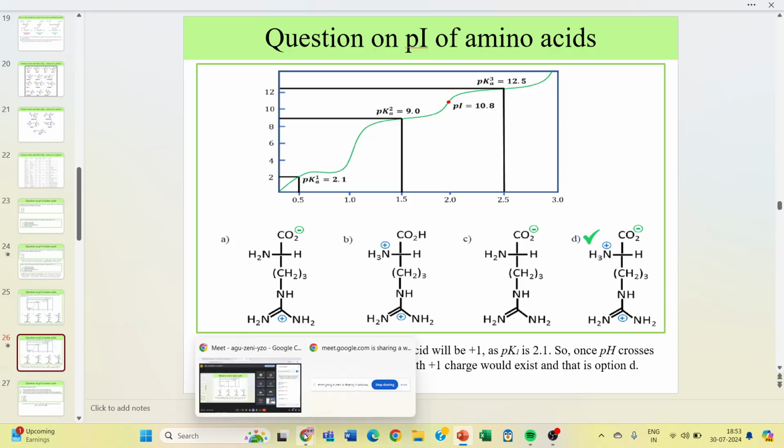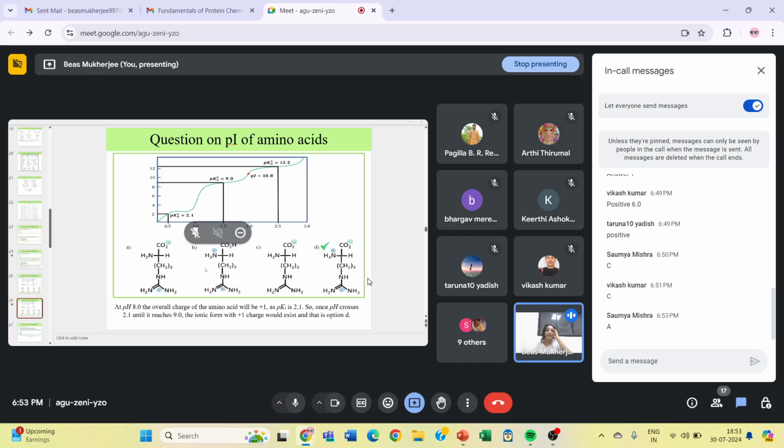So the answer is not A. Why is it not A? Because at a pH of greater than 2, already this is the form, right? More than 2, this is the form. Then what happens at a pH of 9? So less than 2, this is the form, but just beyond 2, D is the form.